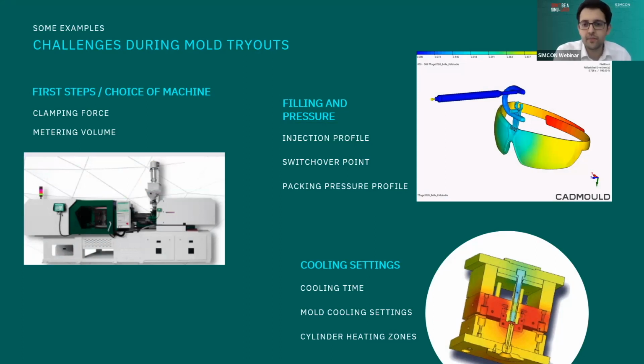If you want to choose the right machine for your part, you mostly have to look at forces like the clamping force or the metering volume, or the dosage volume of the part. This is one of the challenges which come up if you start the trial runs or the setup of the machine. So which machine do I use?